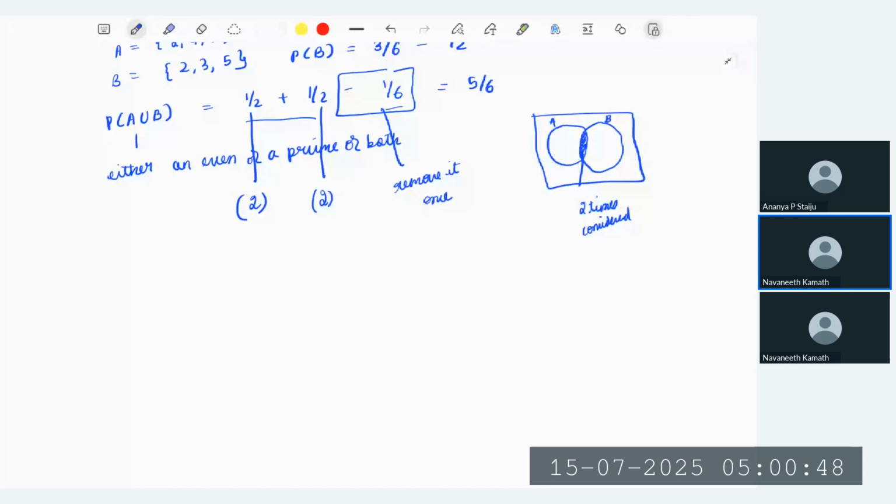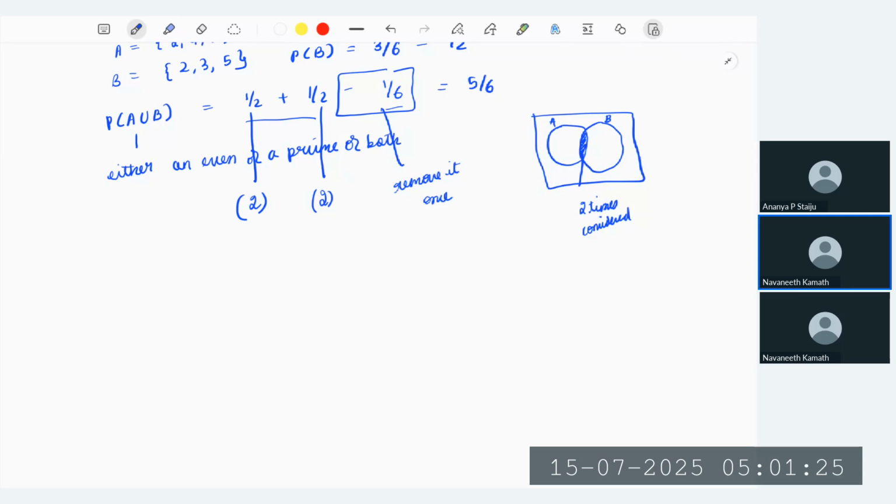So we don't need to use that when we are dealing with only mutually exclusive events. So the formula will be changed in the case of mutually exclusive events.